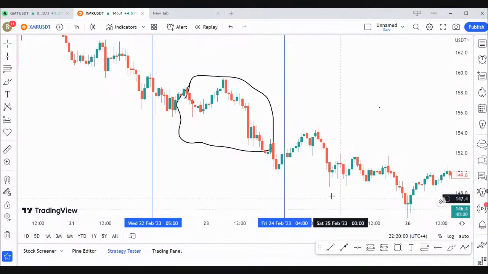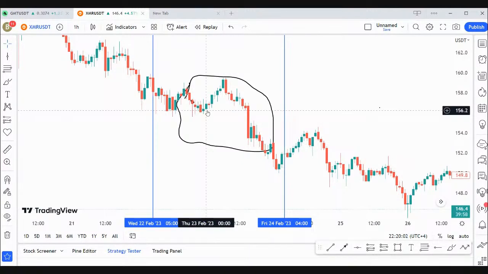Now what happens is this: first of all, we need to identify the trend, and once we identify the trend, we now know which particular fair value gap we should look for.